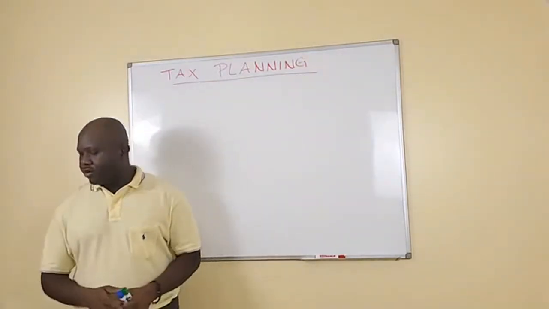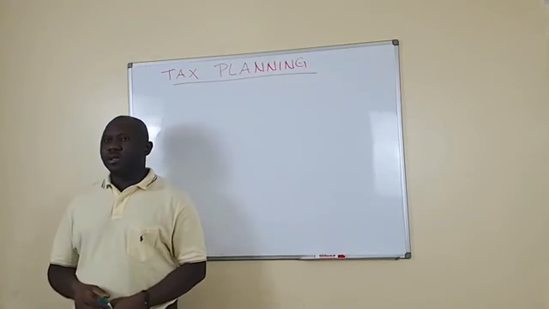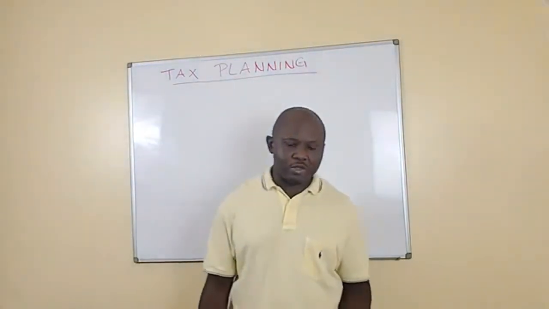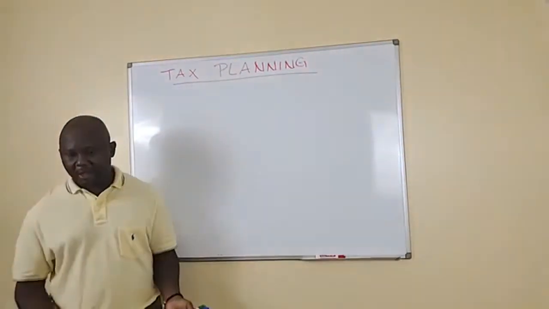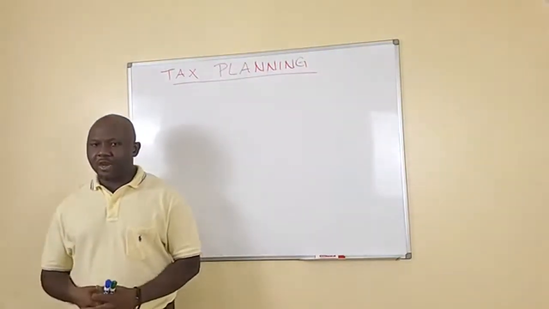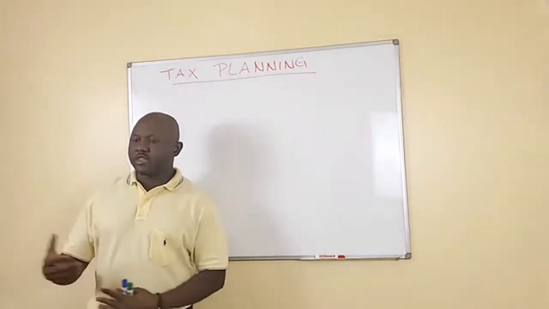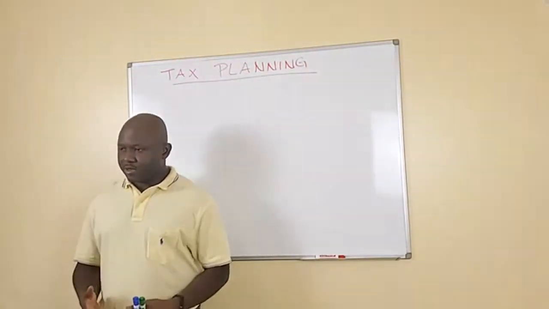You might even lose your personal asset. I say your house, but it could be anything. It could be your car or your bank account. If you don't plan tax-wise, everything happens in your life. Whether you are married or separated or divorced, it could have a tax implication in your life.